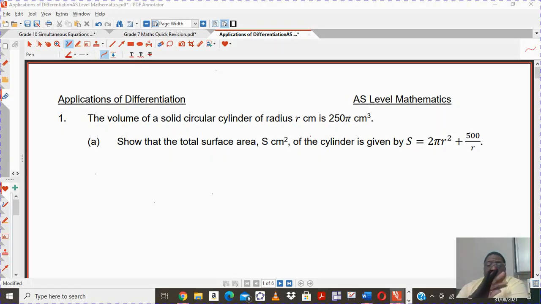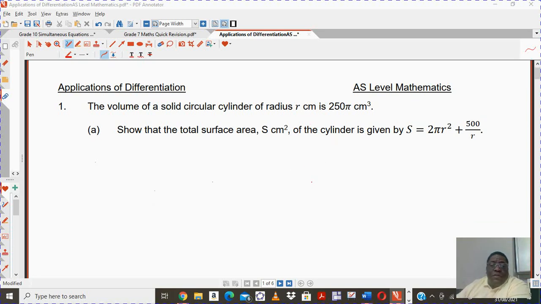So I have a few questions on the applications of differentiation, basically two questions, and I'm going to try to break it down in such a way that it will be a bit easier for you to understand. Right, so the very first question, part A, says the volume of a solid circular cylinder with a radius of r centimeters is equal to 250 pi cubic centimeters.